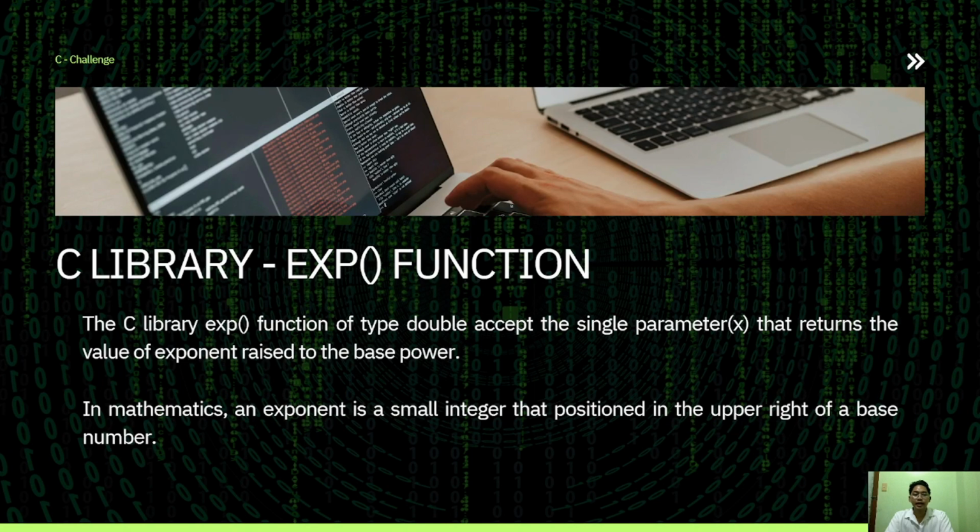So, the C library exp function. The C library exp function of type double accepts a single parameter and returns the exponential value, instead of a base power. In mathematics, an exponent is a small integer positioned at the upper right of a base number.